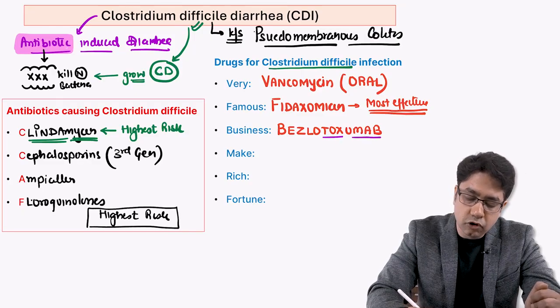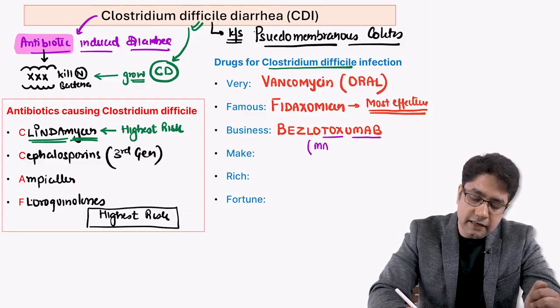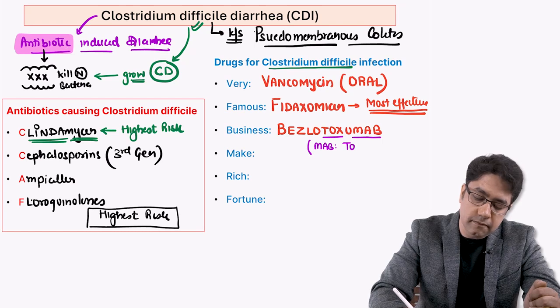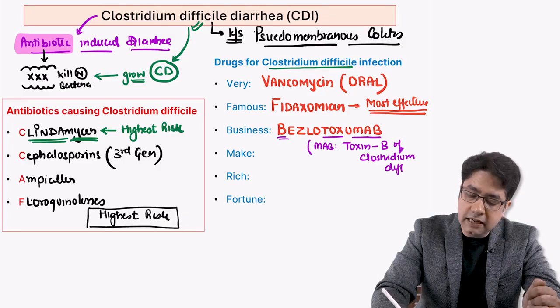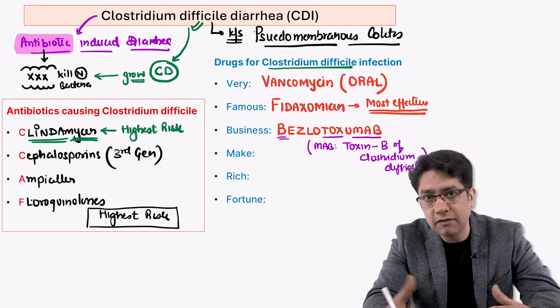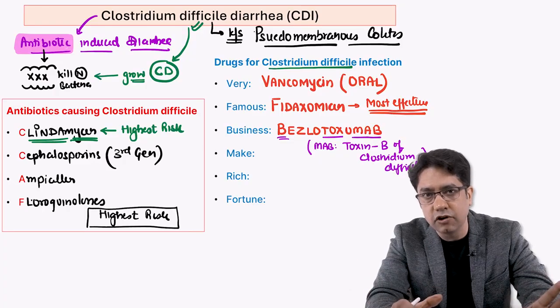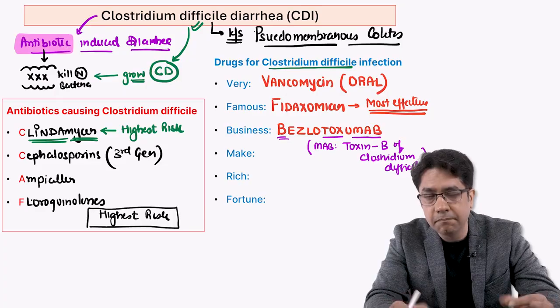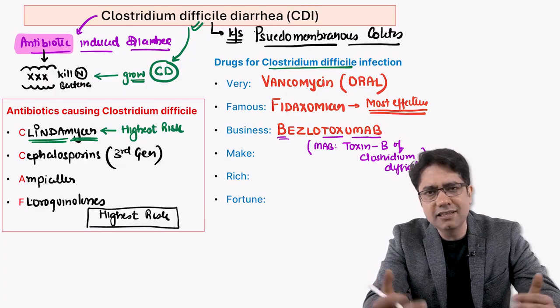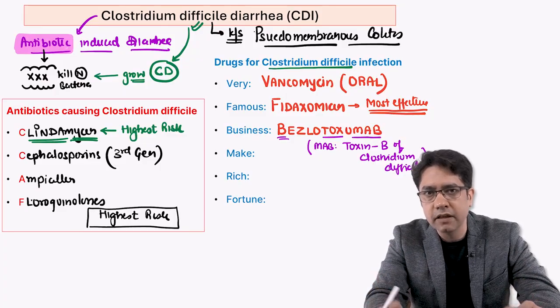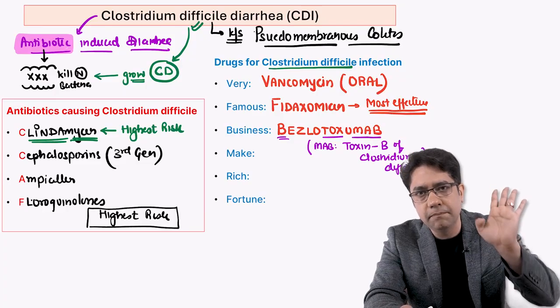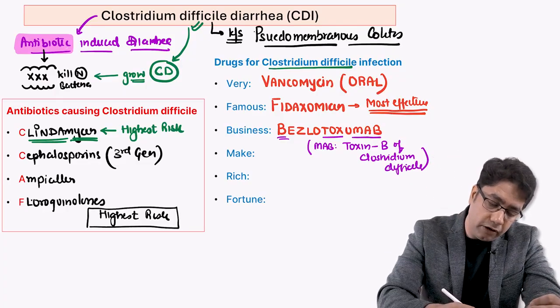Tox means this monoclonal antibody is against toxin, and B for toxin B of Clostridium difficile. Clostridium difficile produces toxin in the intestine which can lead to diarrhea. Let's block this toxin B by bezlotoxumab. Yes, this bacteria makes toxin A also. There are two toxins produced, A and B. So we have an antibody against toxin B. M for metronidazole.